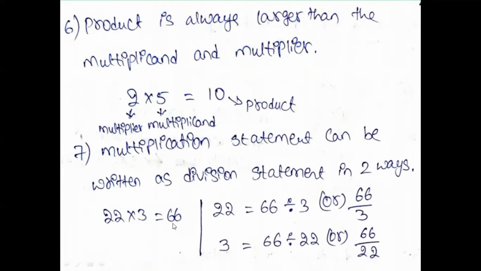In division, when we take 66, divided by 3, or 66 by 3, we can write like this also. When we take 3 is equal to 66, the product, divided by 22, or 66 by 22. This is the division process, and this is the multiplication process.